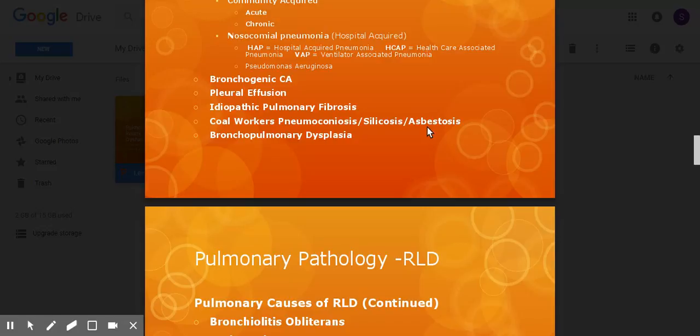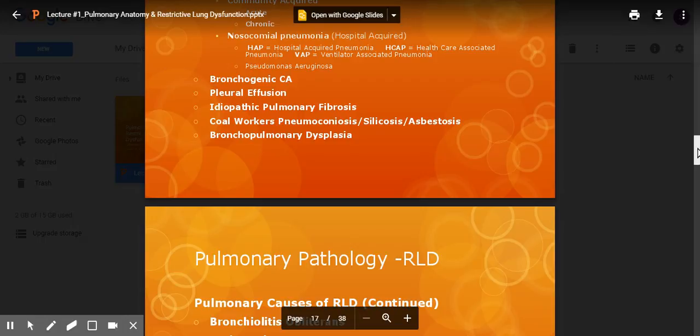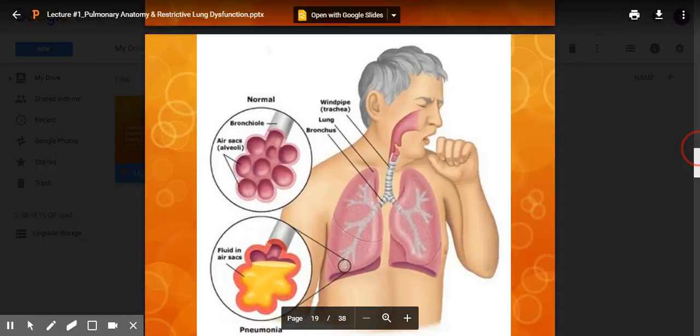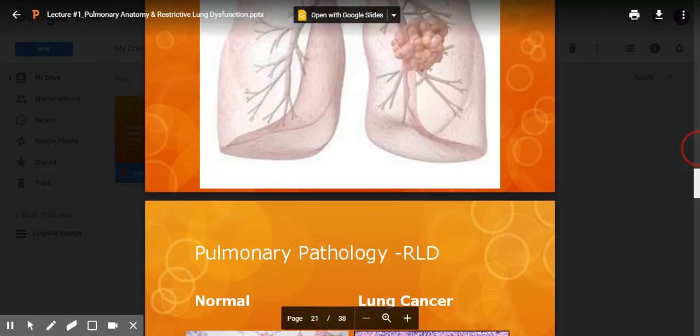And so the asbestos fibers get into the lung tissue, similar to the coal dust and similar to the silica, and end up causing long-term lung dysfunction. So we'll take a look at a couple slides further into the presentation here.